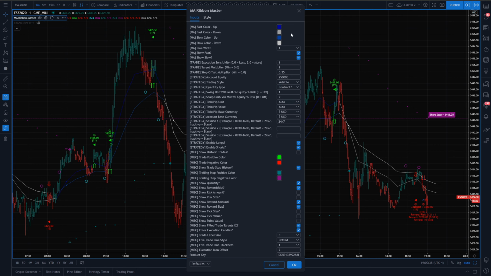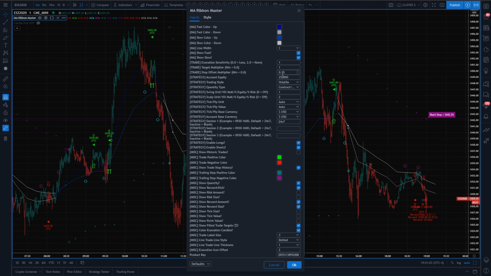In this case, I have it set for $250,000 US dollars. It will take into account the current VIX price to offset the quantity that you should actually use for each trade. So what does that mean? The higher the VIX is, the fewer contracts or lots that you will actually use. This makes sense because if the volatility is very high, you should start scaling down the number of contracts you're willing to get into because your risk is higher, since the price is moving around more.